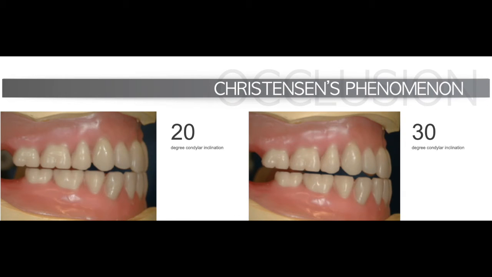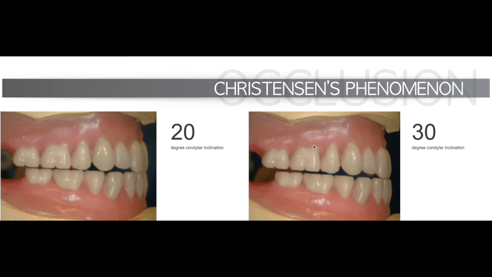You need to understand the Christensen phenomenon. Achieving bilateral balancing contact depends on the patient's condylar inclination. The left side shows a patient with a 20-degree condylar inclination, versus the right side picture showing a patient with a 30-degree condylar inclination.